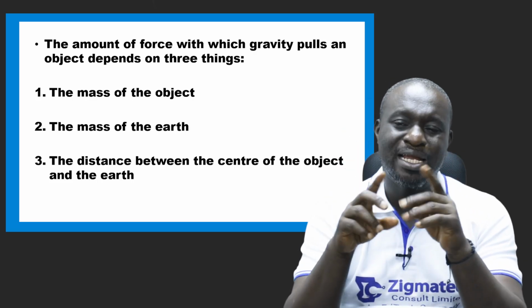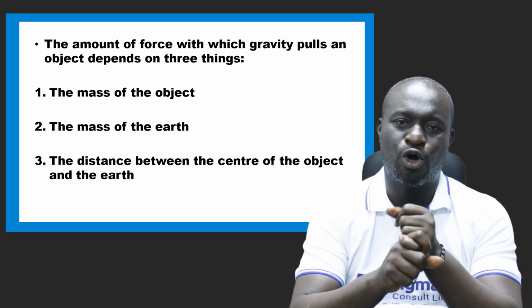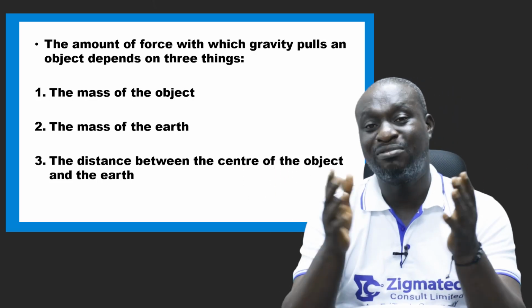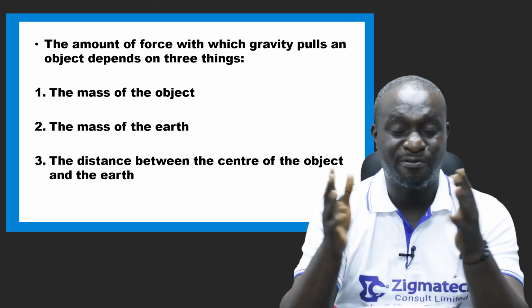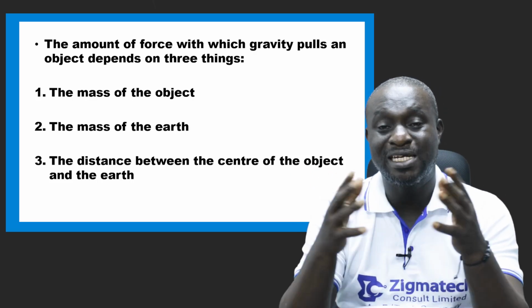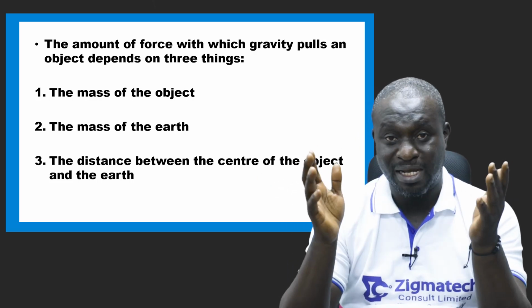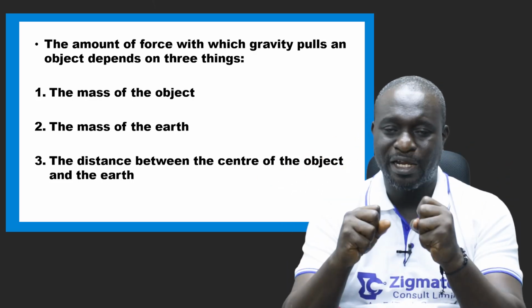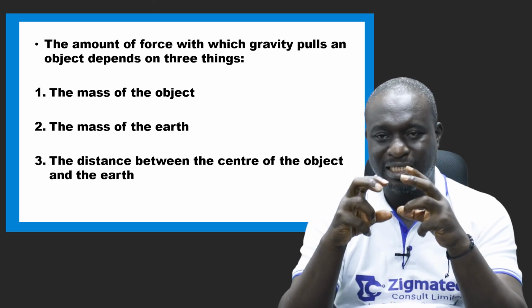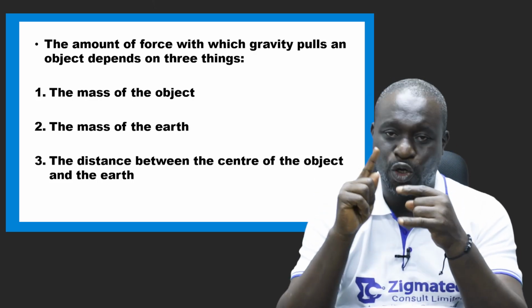Number one, it depends on the mass of the object. And that is why we have different weights. We have different weights because of our varying masses. So the pull of the Earth on objects is dependent on the mass of the object.